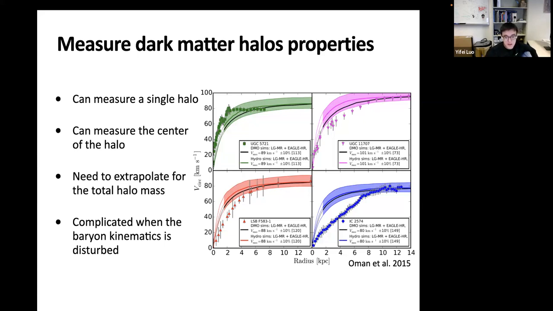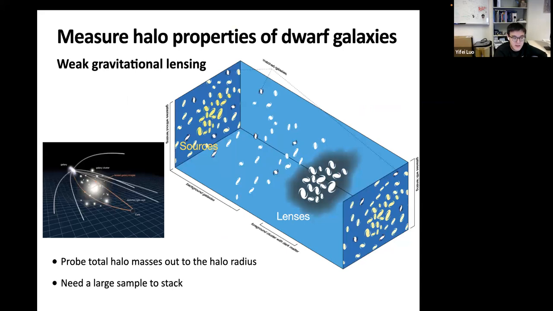So alternatively, there's another technique called gravitational lensing. I'm pretty sure some of you are also familiar with this concept. Weak gravitational lensing comes from general relativity.